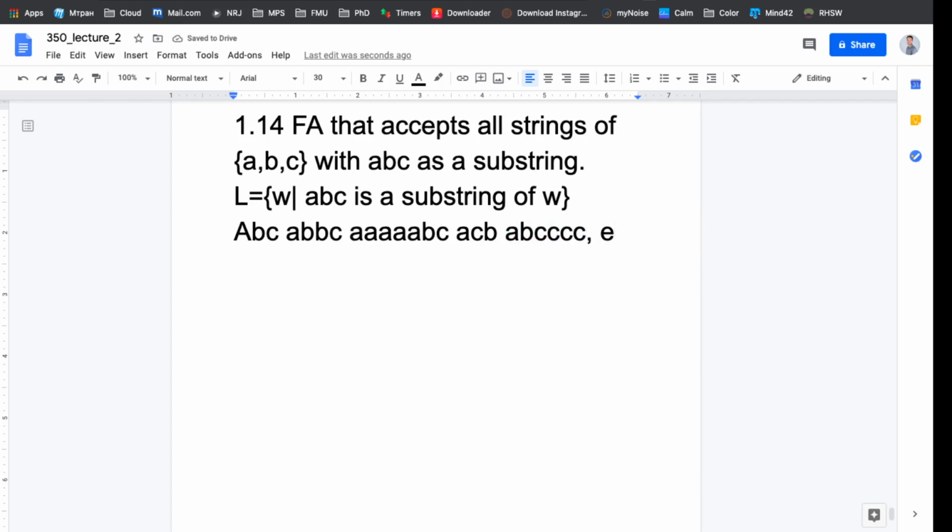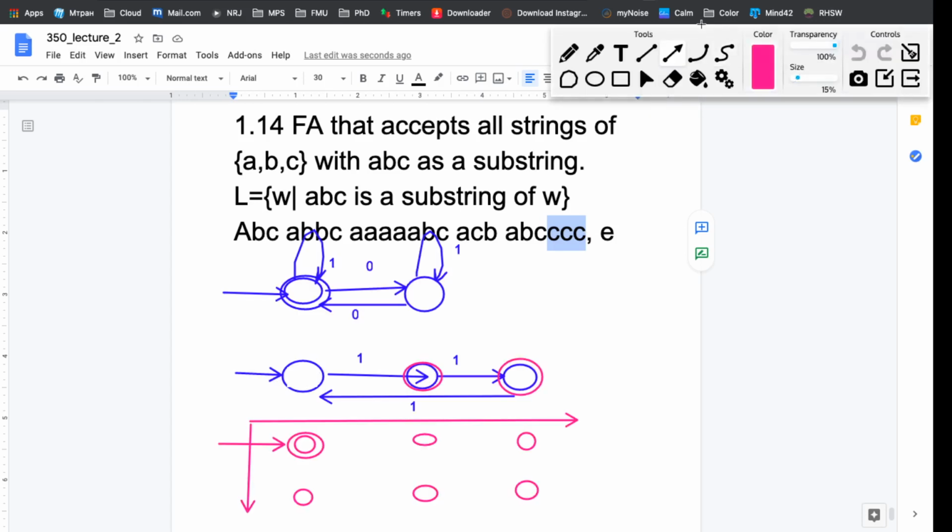Judging by these examples, we can see that once we have ABC as a substring, no matter what symbols come after that, we definitely accept. Whenever there is a situation like this, that's a sign of having a trap state, in this case an accepting trap state. So let's try to draw that.